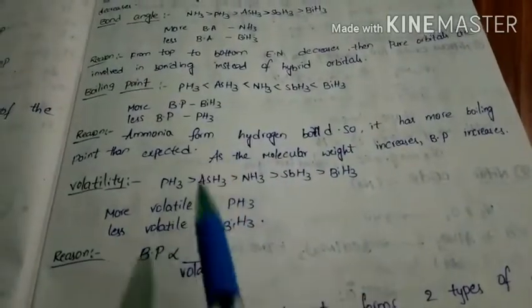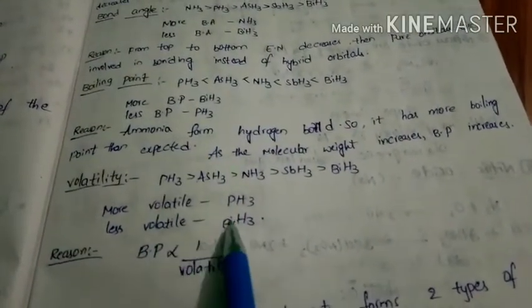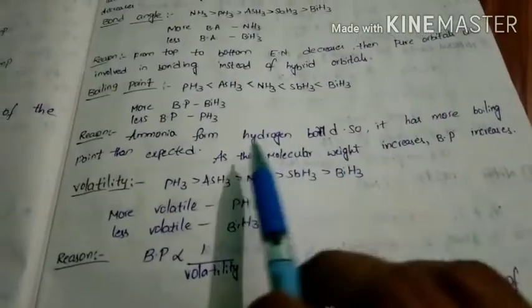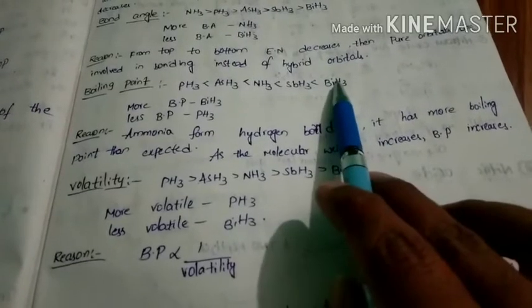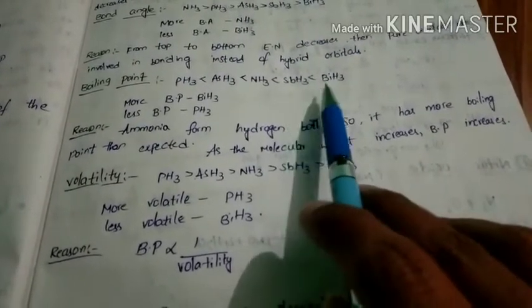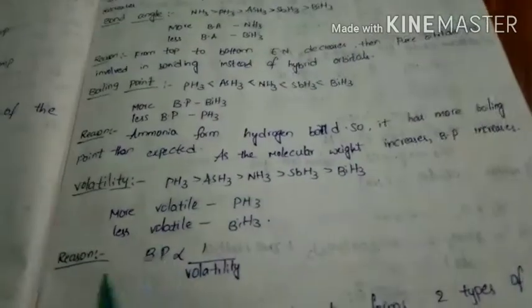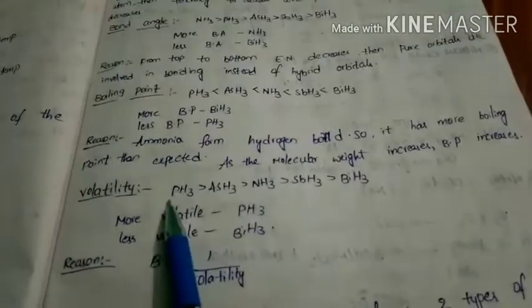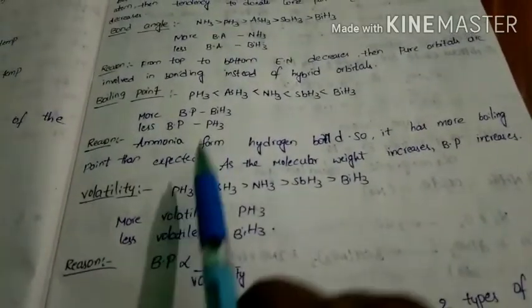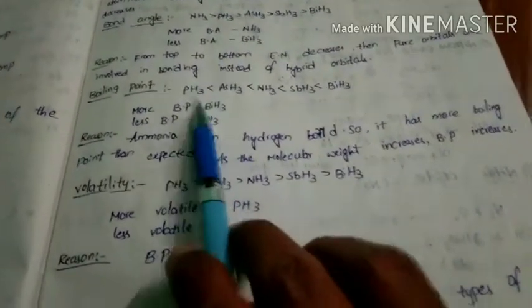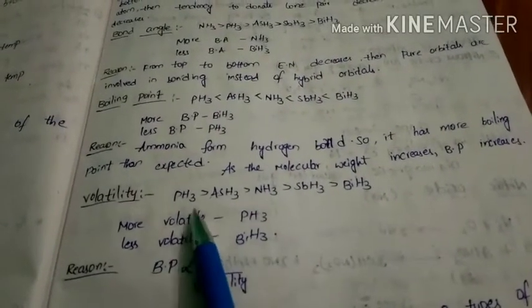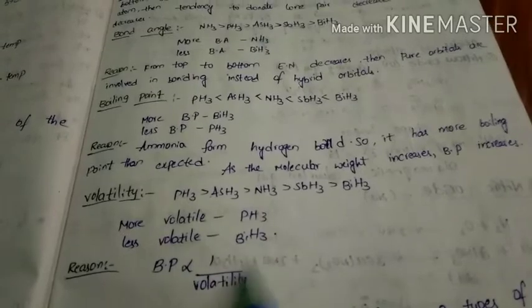Here BiH3 has the highest boiling point, so it has less volatility, which means it does not readily undergo evaporation. So the order is exactly the reverse of boiling point. More volatility is in PH3 and less volatility is in BiH3.